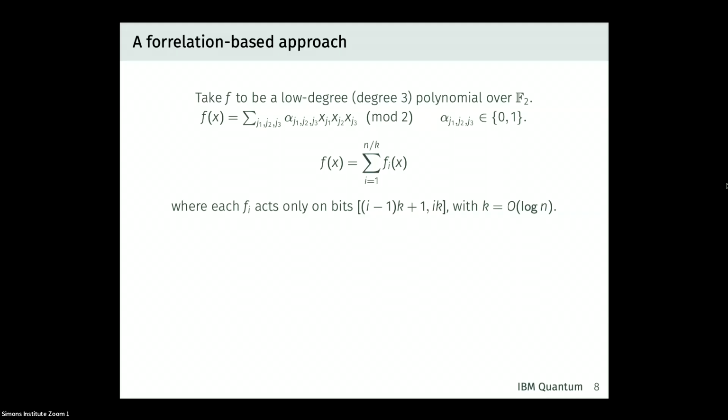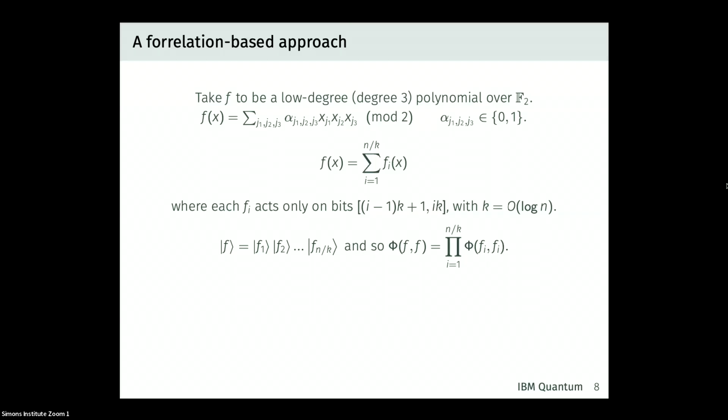And these k bits are all disjoint from each other. So it's a sum of n over k functions f1 up to f sub n over k, where each one acts on k bits: the first one acts on the first k bits of x, the next one acts on the next k bits, and so on. It's a very simple construction, and k you should think of as either a constant or at most logarithmic in the size of n.